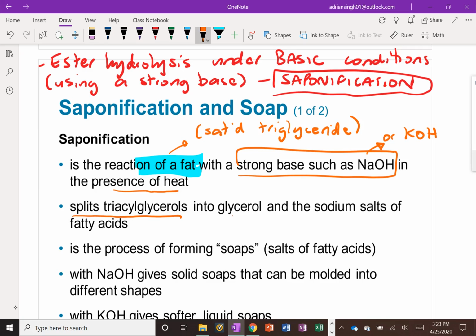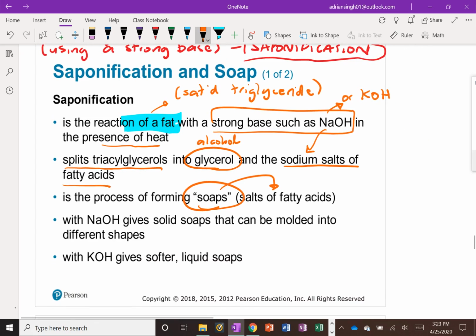Again, we're going to get the alcohol, which is glycerol, and now instead of getting the carboxylic acid, we're going to get the salt of the carboxylic acid. In this case, if we use sodium hydroxide, we'll get the sodium salt of that carboxylic acid. And that essentially is the process that's used to make soaps. And the soap molecule is just a salt of a fatty acid. And a fatty acid is just a long chain carboxylic acid.